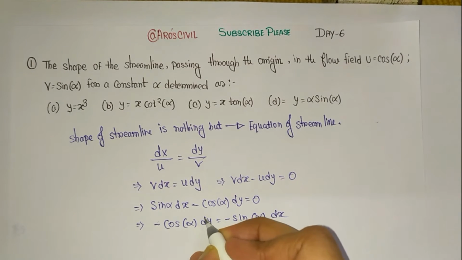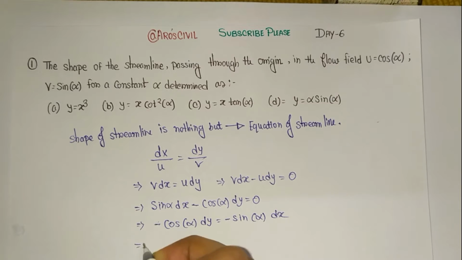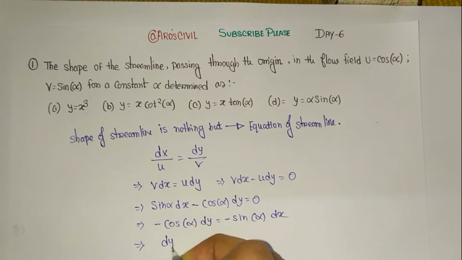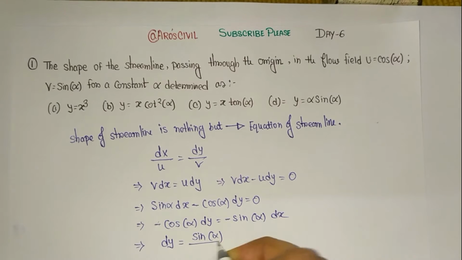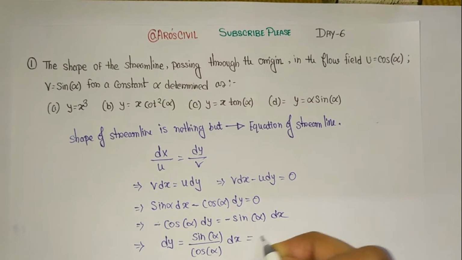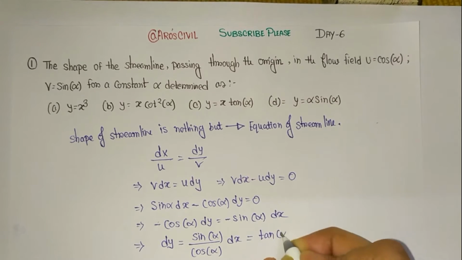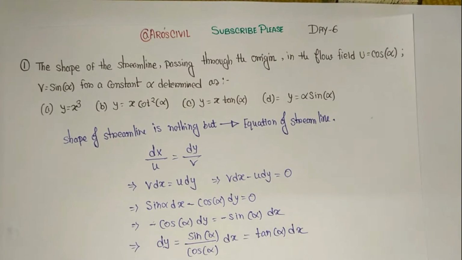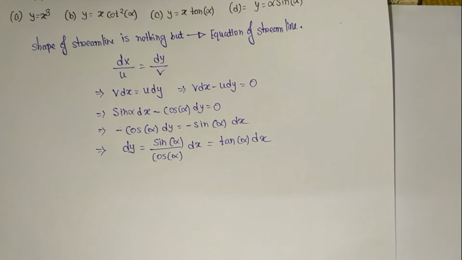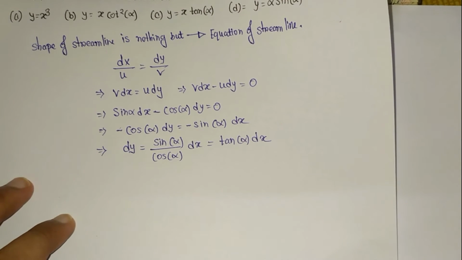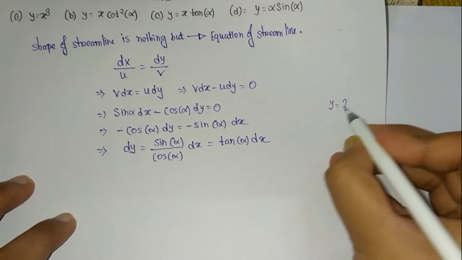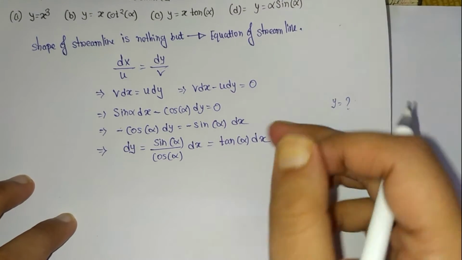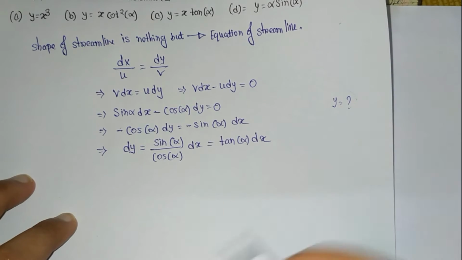This minus sign cancels out, so it comes as dy equal to sin alpha by cos alpha dx, that is tan alpha dx. Now we have to find the equation, that means we have to find y equals what. That will represent the equation or the shape of the streamline.